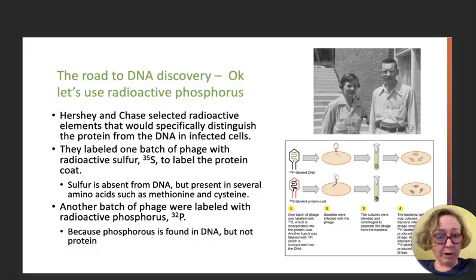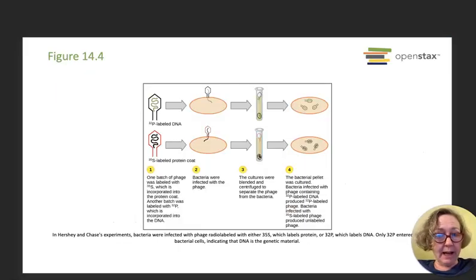Spoiler alert. It's DNA, right? So here they labeled the phosphorus, and it actually injects the DNA into the bacteria, and you get a radio-labeled bacteria. But when you radio-label this protein coat on the outside, nothing becomes radioactive because it doesn't inject the radioactive coat.